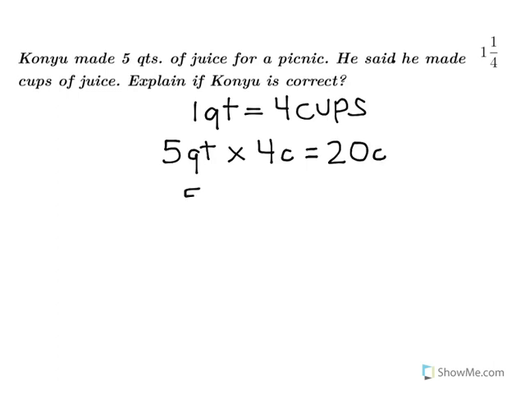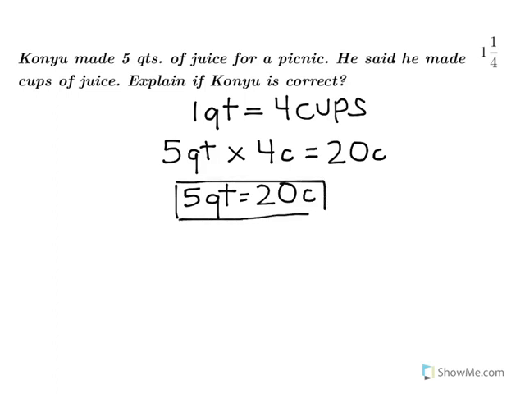So 5 quarts equals 20 cups. That is the part of my answer that I need. But that isn't necessarily answering the question, because the question is asking, explain if Kanyu is correct. And I'm sorry, Kanyu, but you weren't correct.